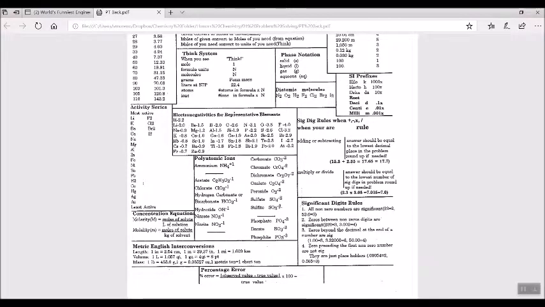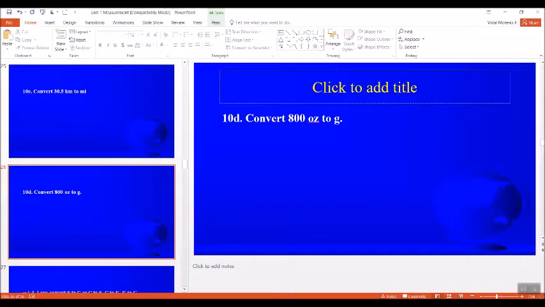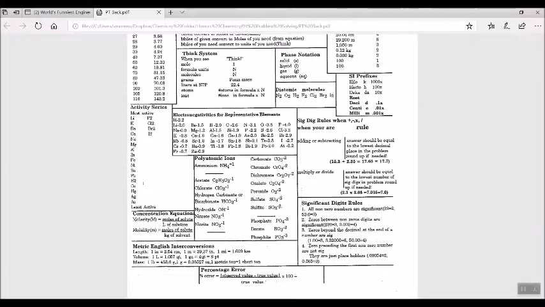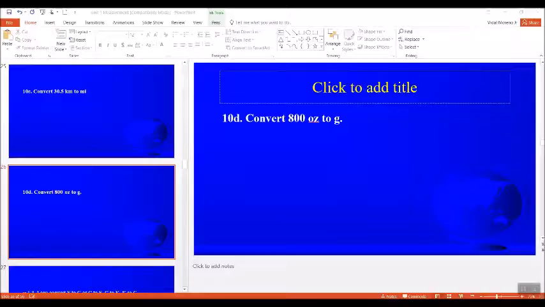In 1 gram, there is 0.0527 ounces. 0.03527. Nope. There. 1 gram is equal to 0.03527.